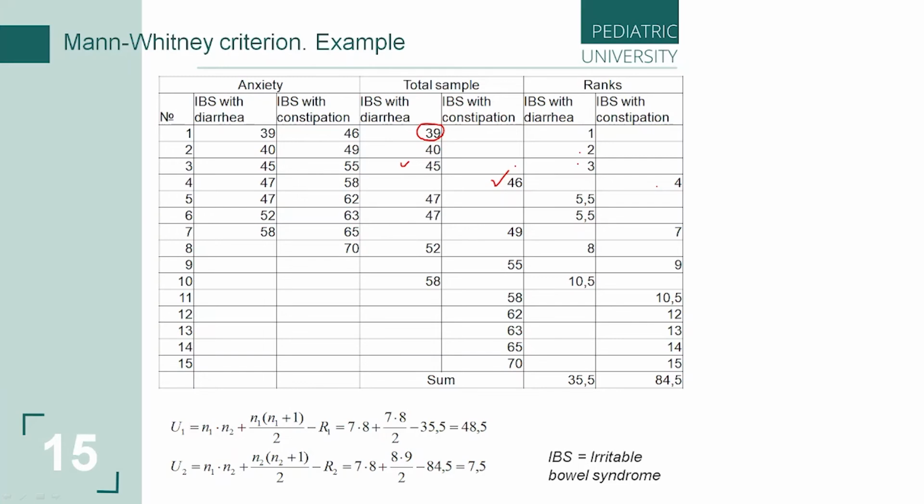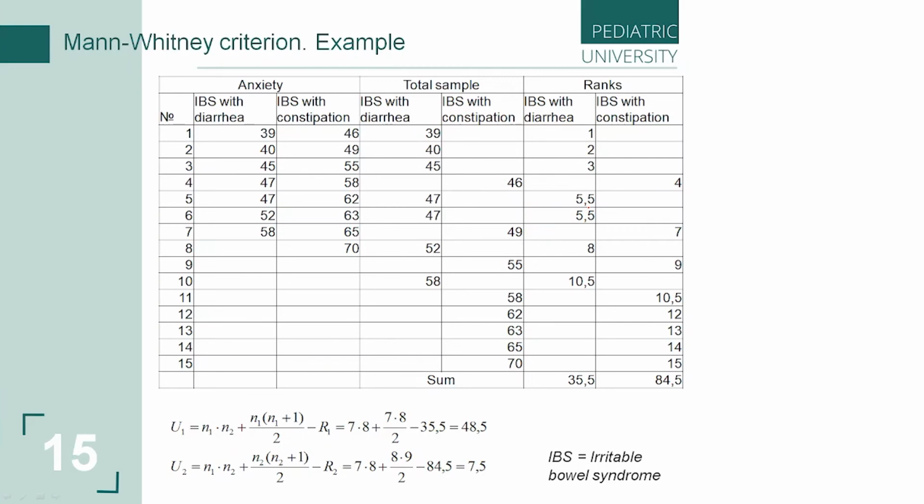After that, we have repeating elements, 47 and 47, and their ordinal numbers are 5 and 6. But what about the rank? The rank of these numbers, as I said, is the arithmetic mean of the ordinal numbers. So we put 5 plus 6 divided by 2, which is 5.5.